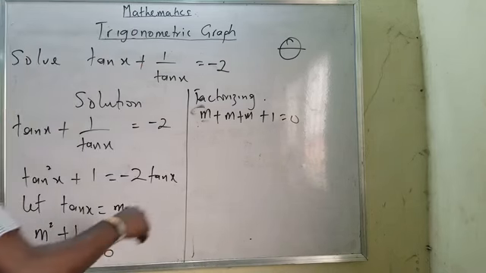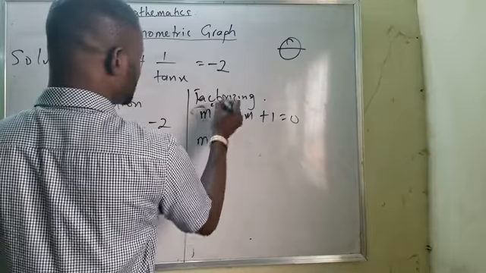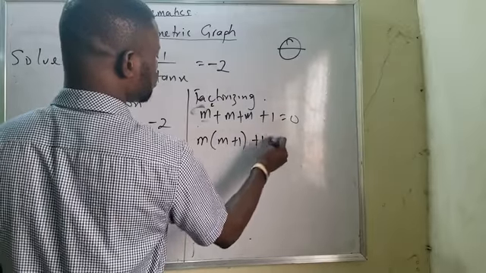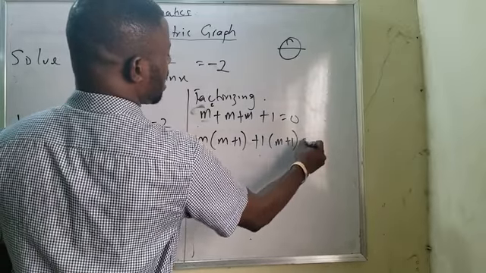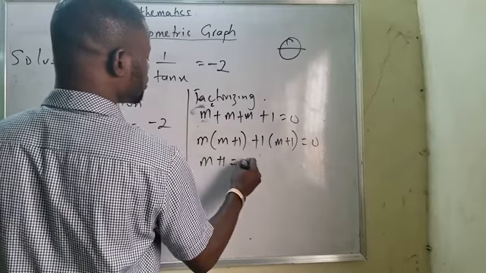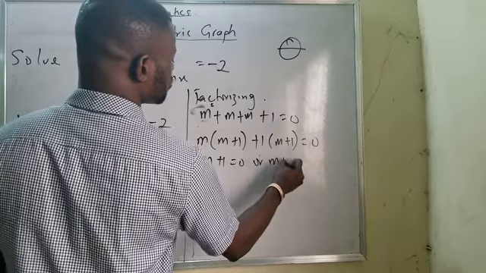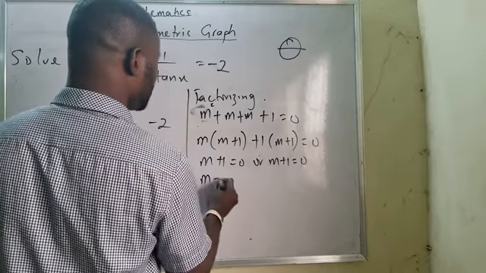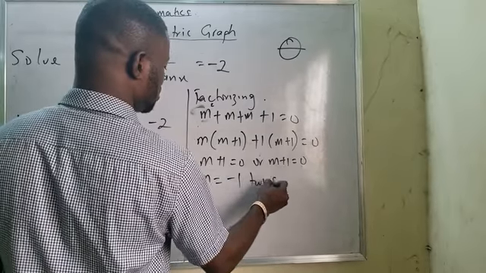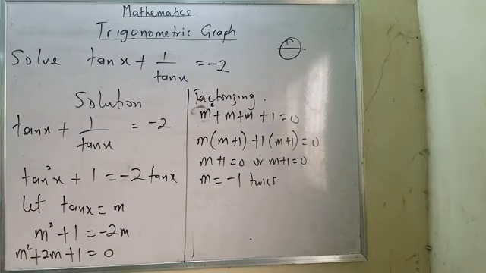We have it already. Now, I will have m squared, then m plus 1 and plus 1, m plus 1 equals 0. It means m plus 1 equals 0 or m plus 1 equals 0. My m equals minus 1 twice.